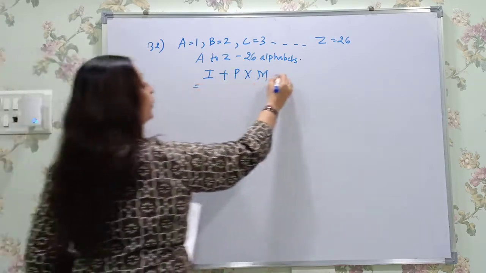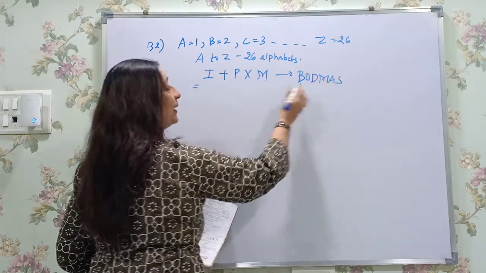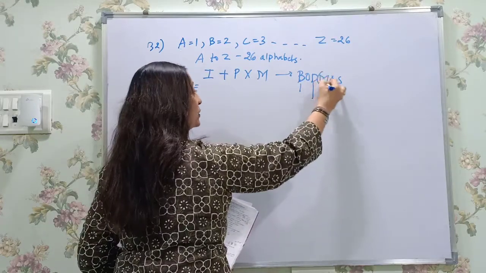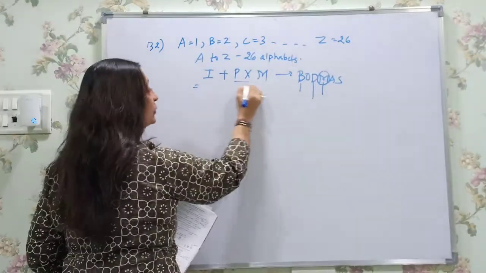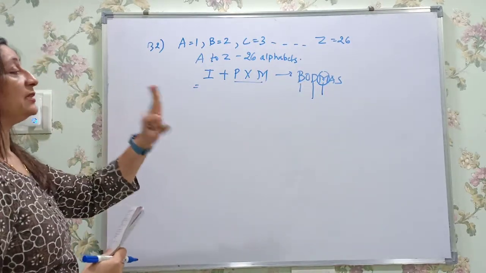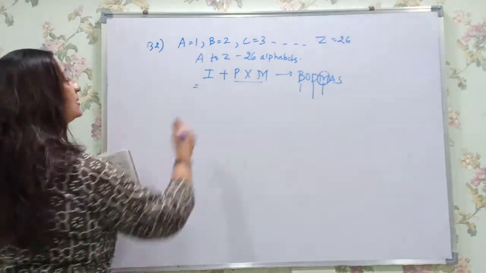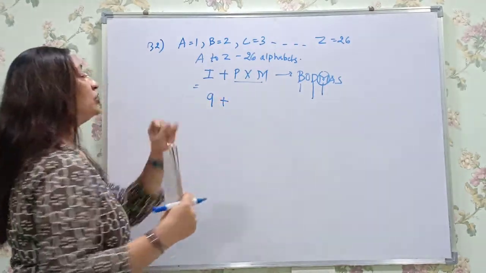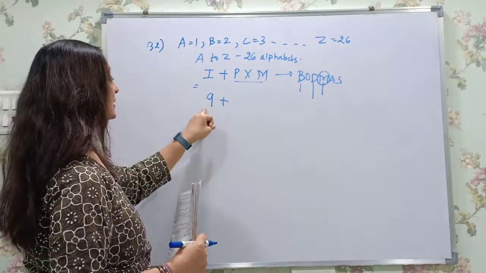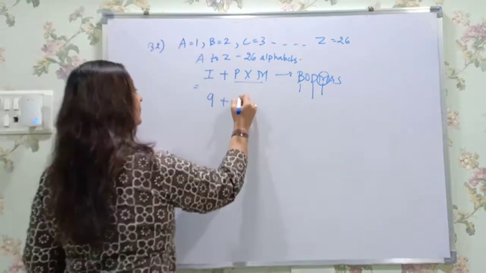Okay. Now we follow the BODMAS rule here. What does BODMAS say? Bracket. Bracket तो नहीं है. Of, division. Division भी नहीं है. Multiplication. So first we do multiplication. So ये पहले करेंगे. Okay. Now what is the value of I? A, B, C, D, E, F, G, H, I. So I is 9. Plus J, K, L, M, N, O, P. So this is 9, 10, 11, 12, 13, 14, 15, 16.